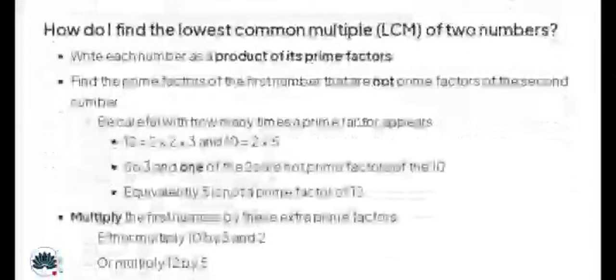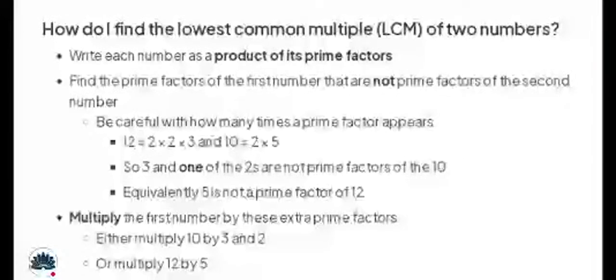Okay, how do I find the lowest common multiple of two numbers? Write each number as a product of its prime factors. Find the prime factors of the first number that are not prime factors of the second number. Be careful with how many times a factor appears, as 12 equals 2 multiplied by 2 multiplied by 3, and 10 equals 2 multiplied by 5.